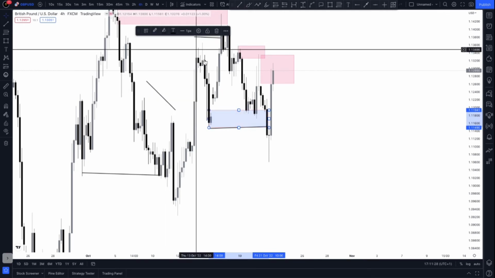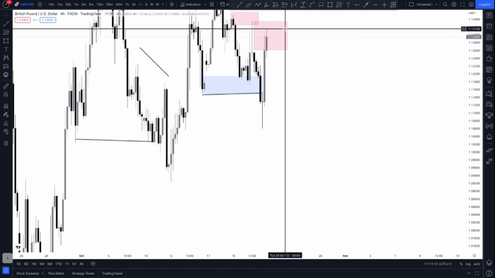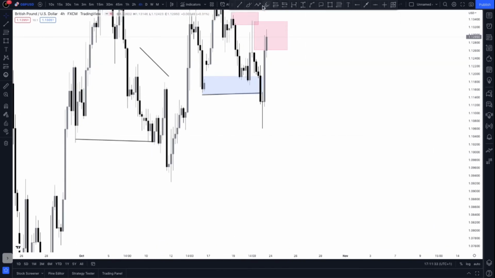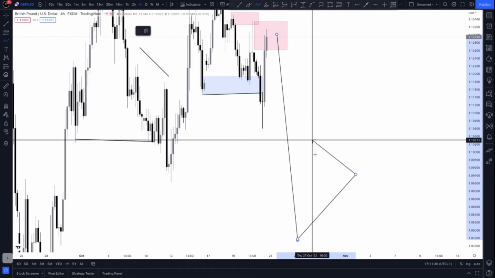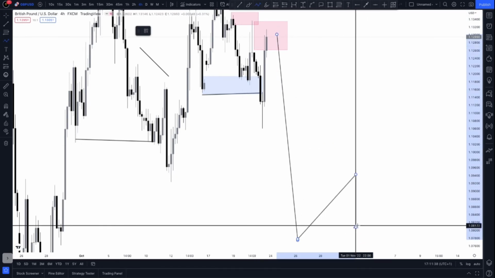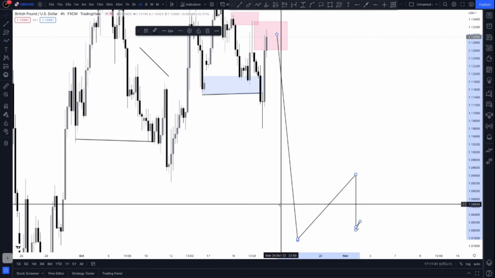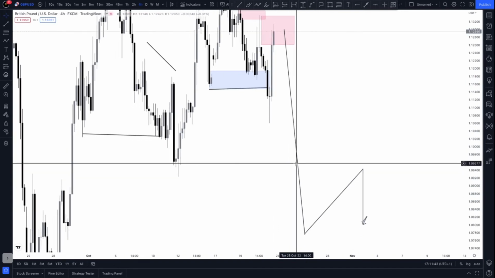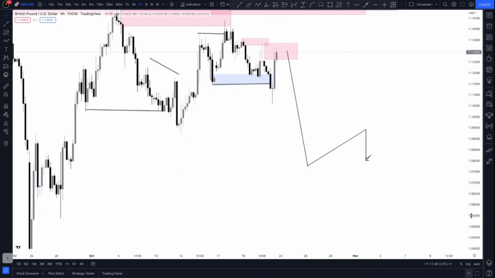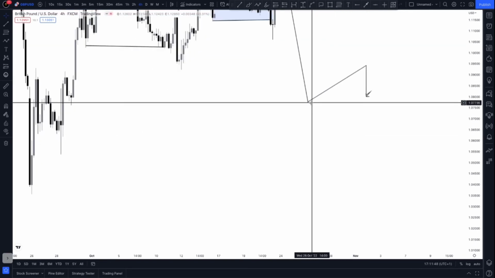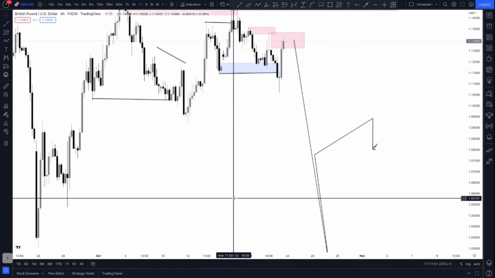So the market is currently retracing back into a supply zone that led to a supply demand flip, and our expectation on this chart is a push to the downside and probably continuing to take out the previous low that was created. So that was our expectation on the GBP USD, for the market to give a push from there and also take out this low here. That is the long-term expectation on GBP USD.